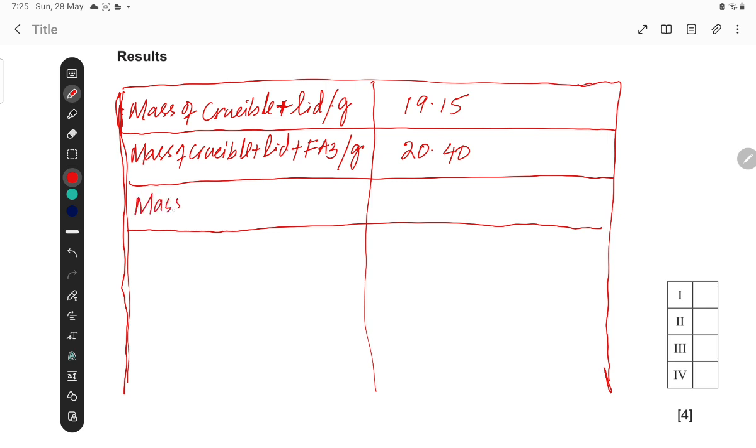Mass of QCO3: just subtract the mass of crucible and lid from this. 20.40 minus 19.15 is equal to 1.25. I just supposed these readings.